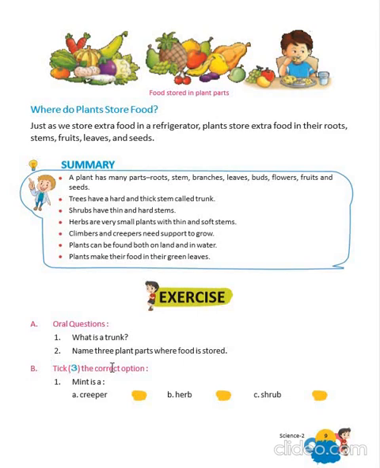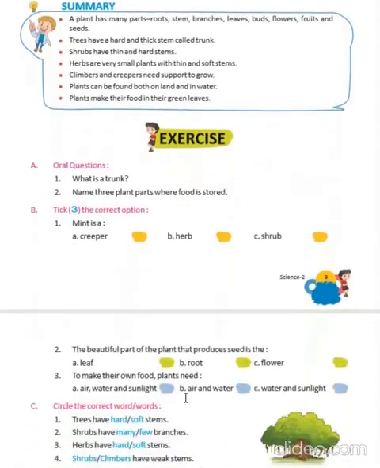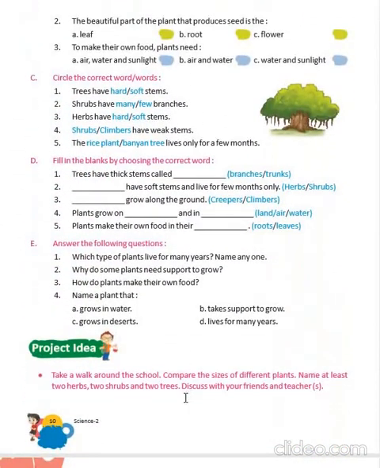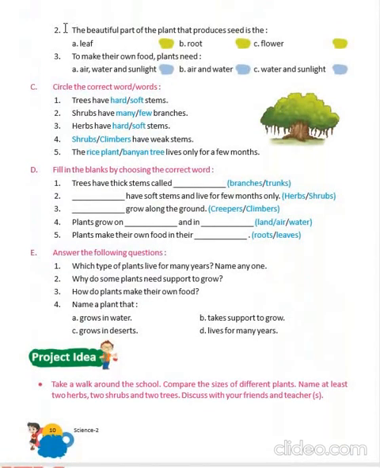Now come to B. Tick the correct option. Mint is a herb. Now come to second. The beautiful part of the plant that produces seed is the flower. To make their own food, plants need air, water and sunlight.